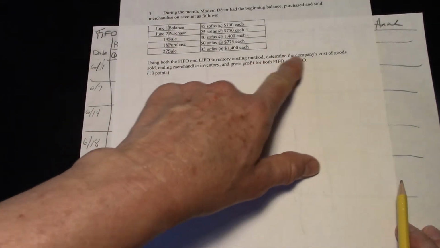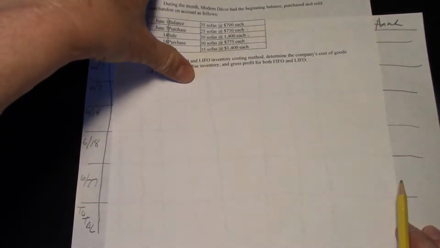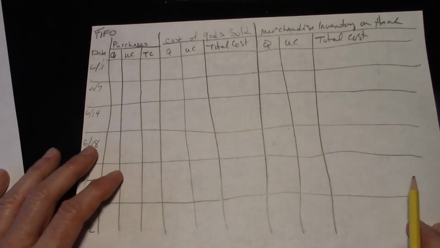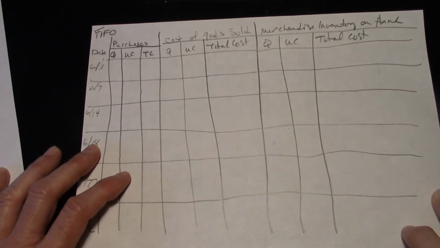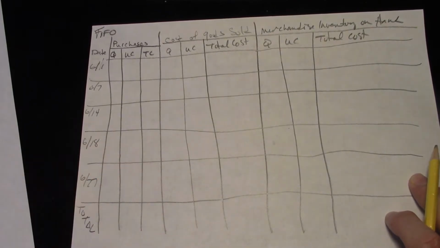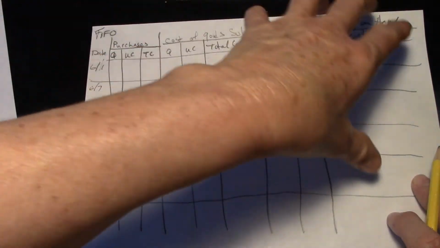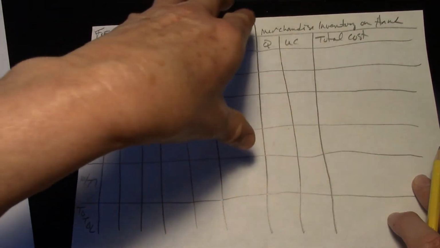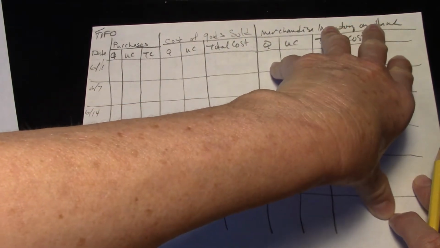The question here simply asks for cost of goods sold, ending merchandise inventory, and gross profit. So you don't strictly need this whole chart, but it's a great way to keep track of how you do it. Alright, so we're just going to use this chart. I've written the dates on the side, and then we've got the three main columns: purchases, cost of goods sold, and then merchandise inventory on hand.